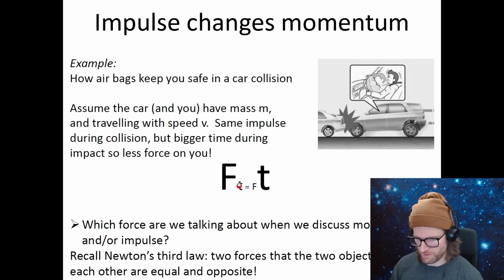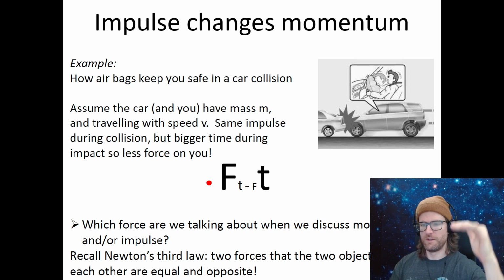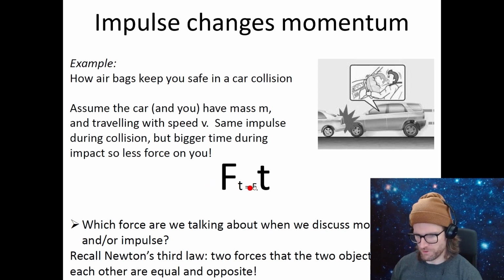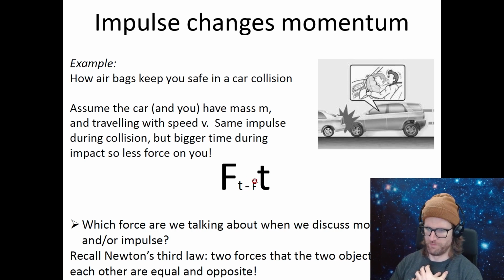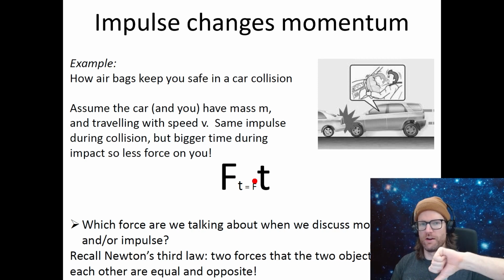The small time means the force required is large. So the airbag tries to do the opposite. The airbag tries to increase the time it takes to slow you down when you get into an impact. So the time is big, so the force is small. When the force is small, there's less damage done to our bodies. So everything we do, airbags, seatbelts, crumple zones on cars, is to try to increase the time of impact so that the force required is less.